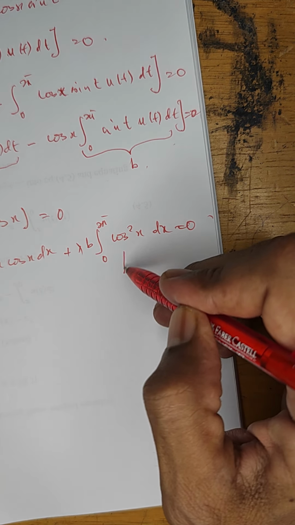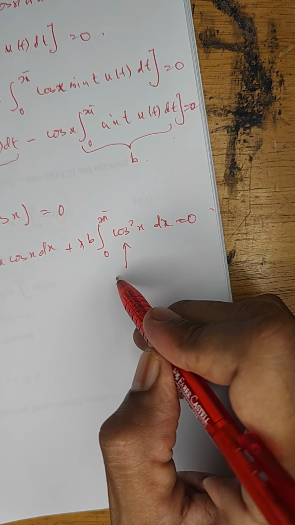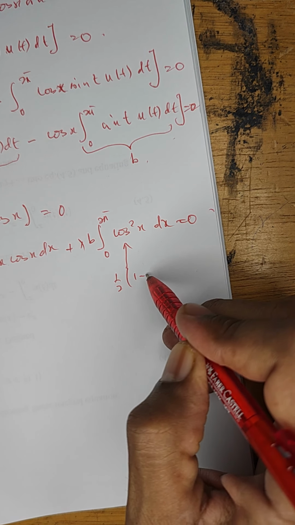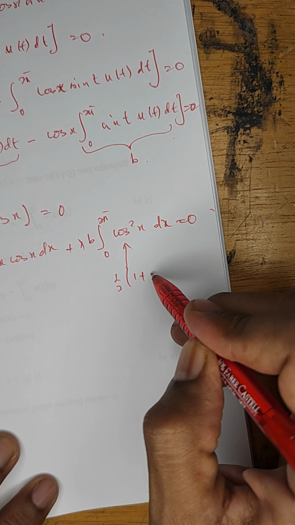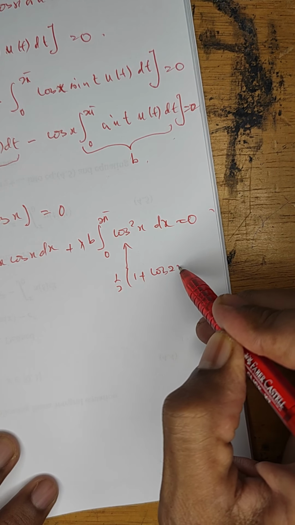For this you need to use the identity cos squared x equals one half of 1 plus cos 2x.